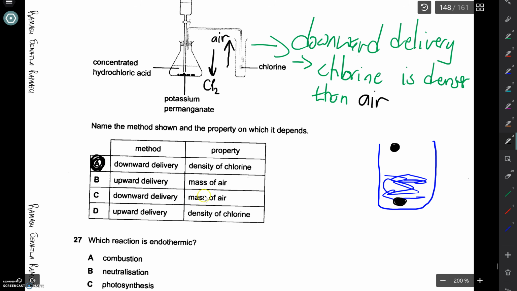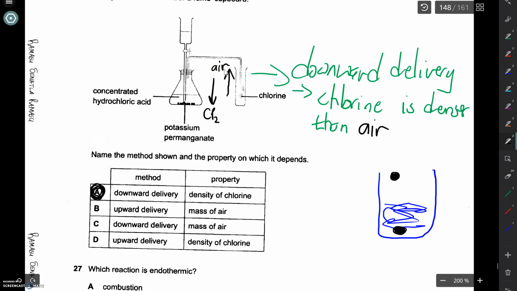It is called a downward delivery because chlorine is being delivered down. This method can also be called upward displacement of air, because the air is being displaced upwards.